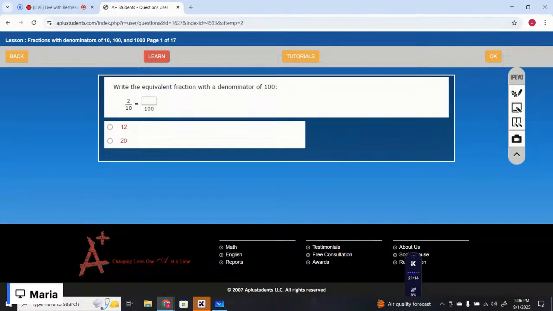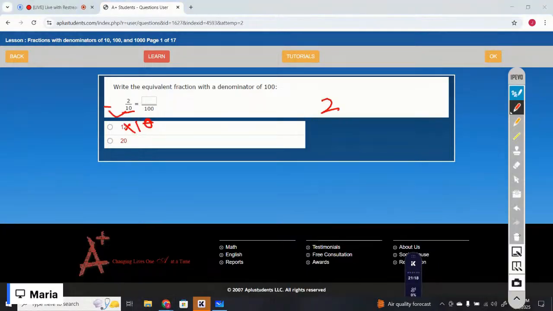Write the equivalent fraction with the denominator of 100. So basically, we need to look at their denominator. 10 times 10 is 100. So you need to multiply that with the same number. So 2 times 10 is 20. The missing number is 20.